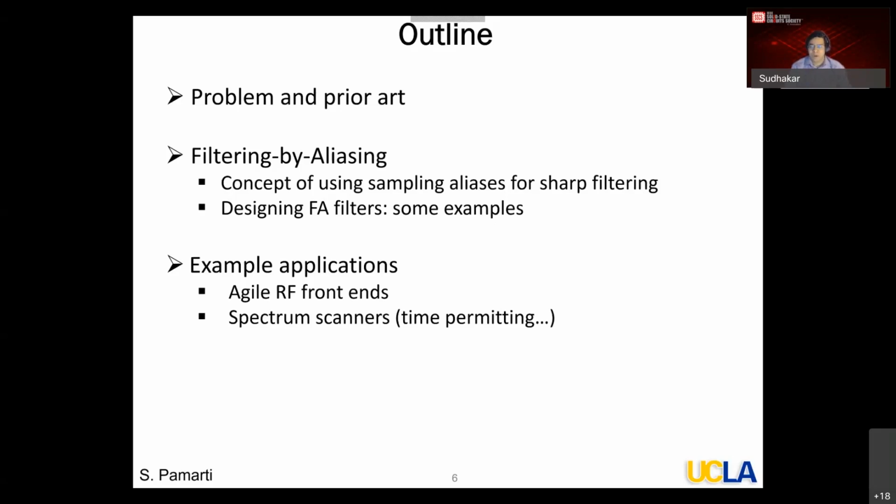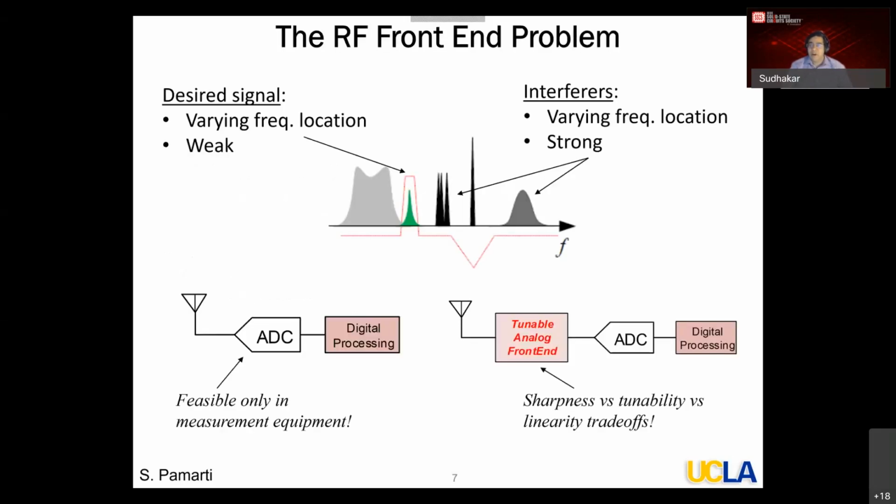My focus primarily would be on agile RF front ends and time permitting, maybe a little bit on spectrum scanners. A lot of interesting applications are coming up where you would want to sense spectrum very quickly. So I'll very briefly talk about it.